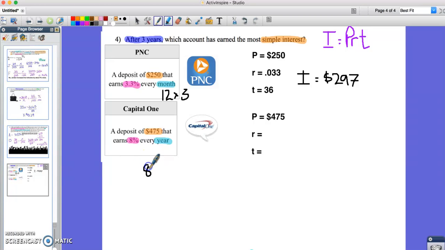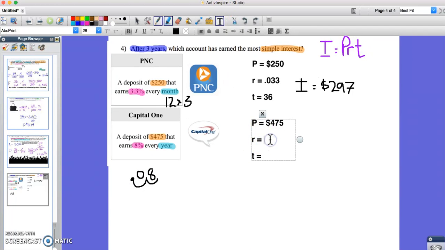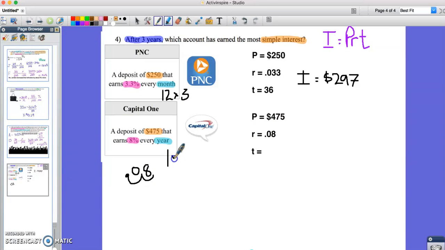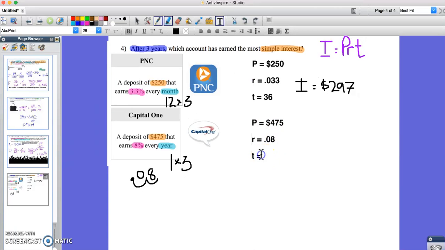So 8, once, twice to the left. So our rate is 0.08. And then our time says it's happening every year, so it happens once a year for 3 years. 1 times 3, our time is simply 3.